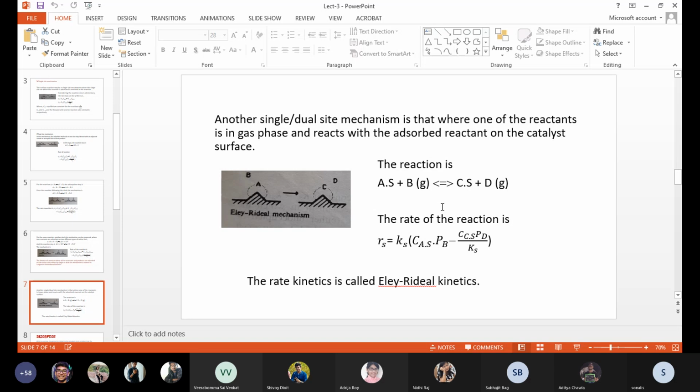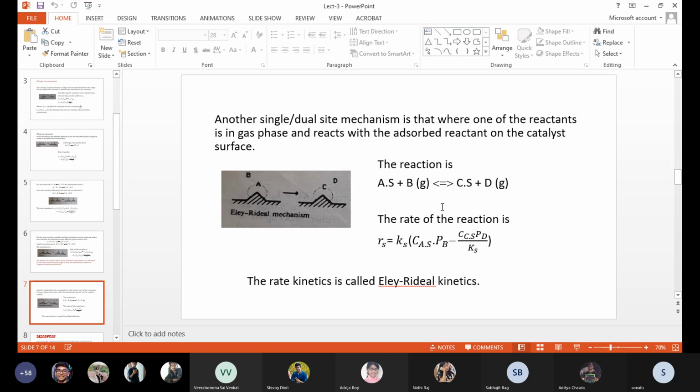The rate of the reaction is RS equal to Ks into C A dot S, the concentration of the adsorbed site, and PB, the partial pressure of B because it is not adsorbed, minus C C dot S, the adsorbed C species, and PD, the partial pressure of D, divided by capital Ks, the reaction equilibrium constant.